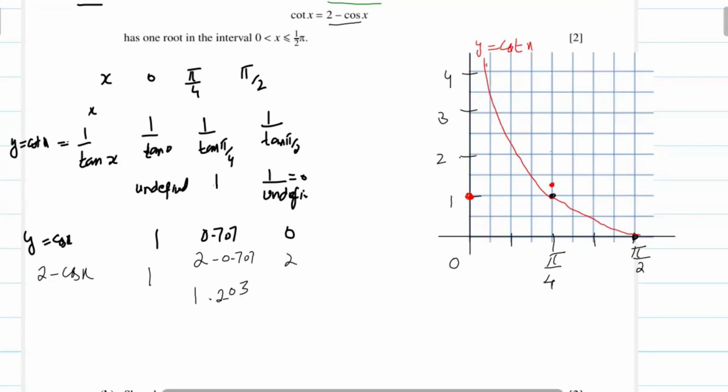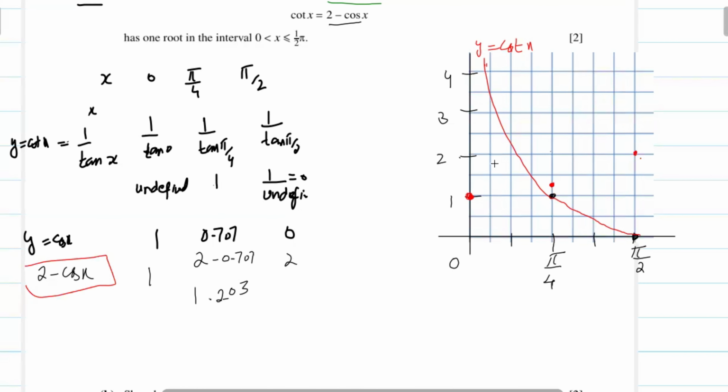And the next value, when x is pi over 2, this value is equal to 2. Now we write here 2. Now this is the position. These are the points of this 2 minus cos x.